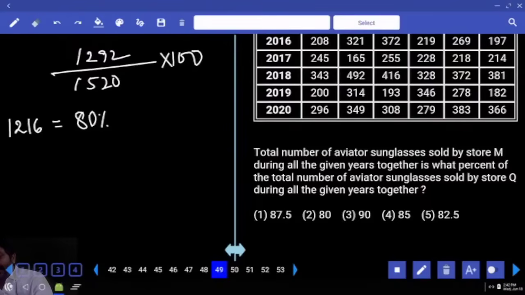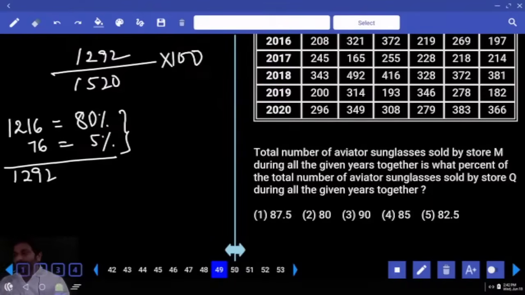To that number you need to add 76. Then only it will become 1292. What is 10%? 150. What is 5%? Answer 85%. Followed?